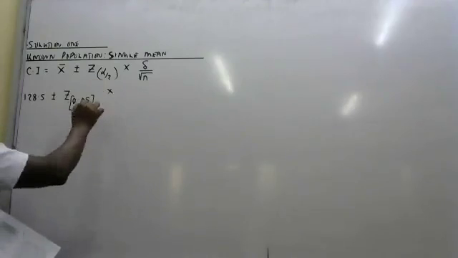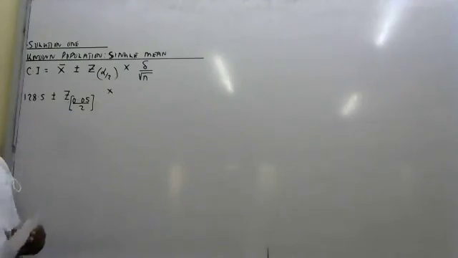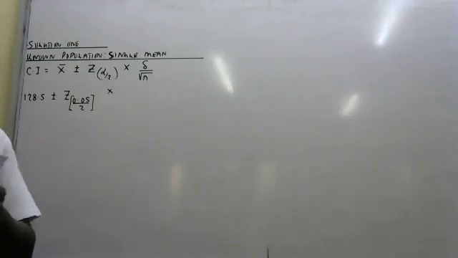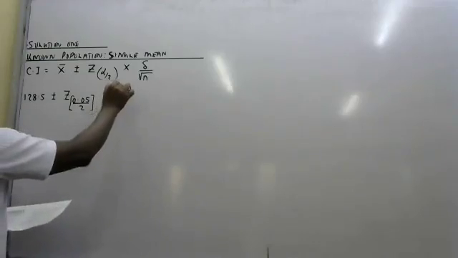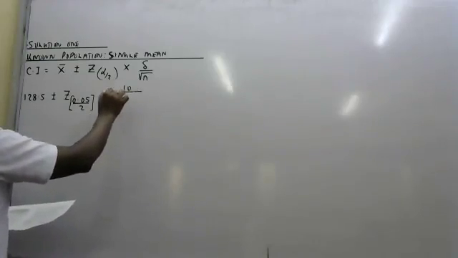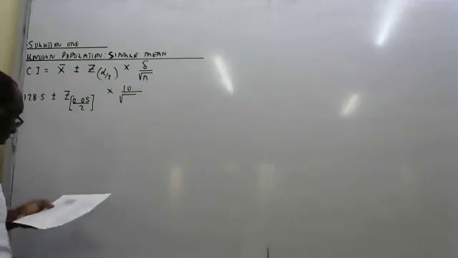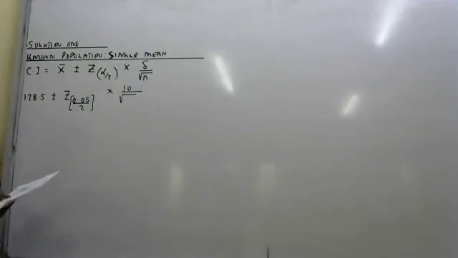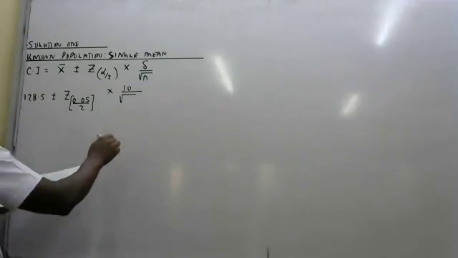Multiply this by the standard deviation of the population. We are told it is 10, and you divide by the root of the sample size, which is 50.